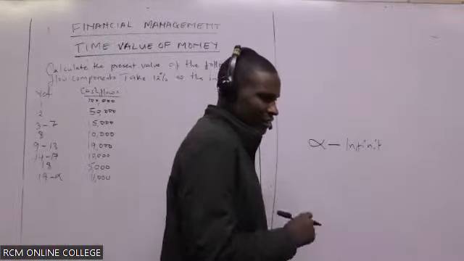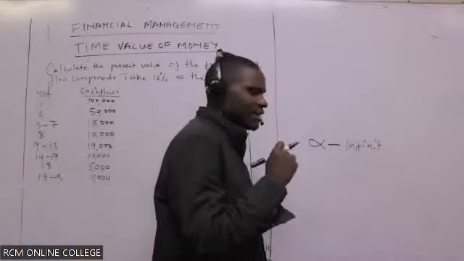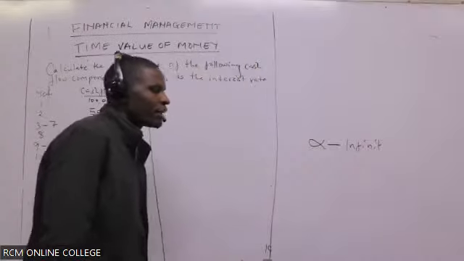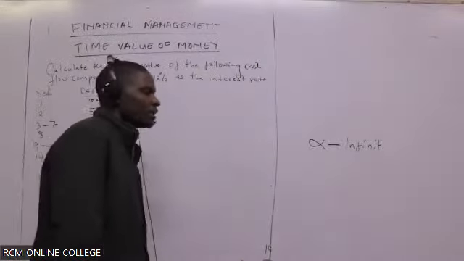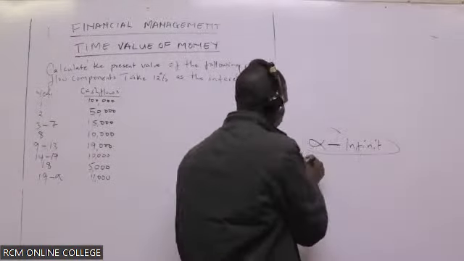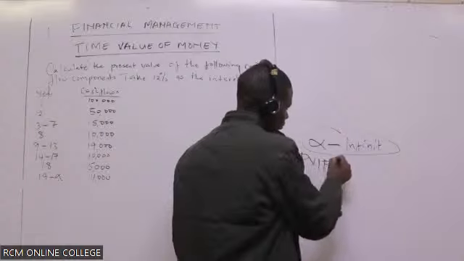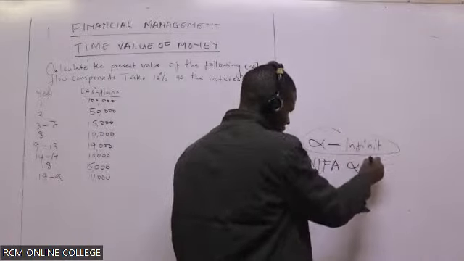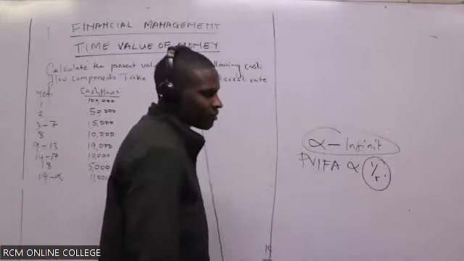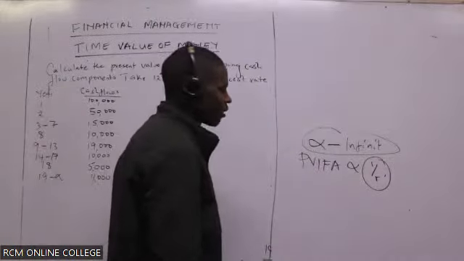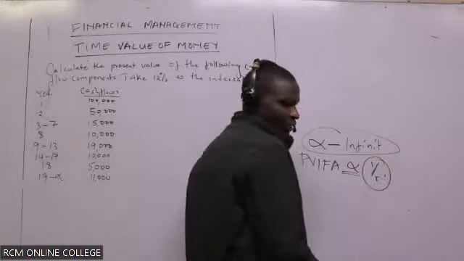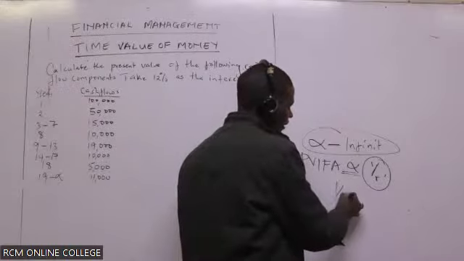I like what Naomi is saying. Who is in agreement with Naomi? Naomi tells us it is both regular and irregular. We have an infinite, and to get the present value interest factor of annuity of an infinite, we say it's 1 over r. Please write that down. To get the present value interest factor of annuity, it is 1 over r, 1 divided by r.